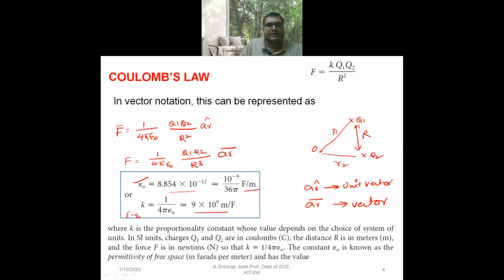Just make a note: if it is a unit vector, then you have to consider r square. If it is a normal vector, then you have to consider r cube. It is very important. Where AR cap is AR bar by R, and R is the modulus of AR bar.